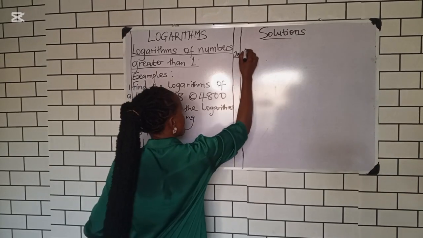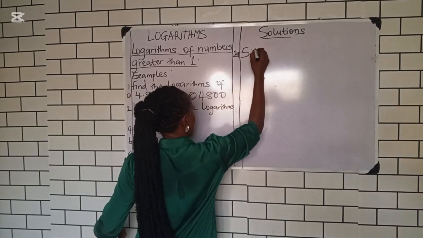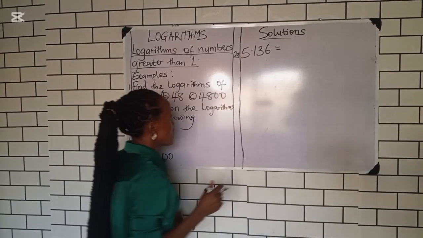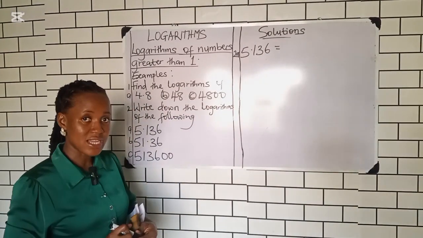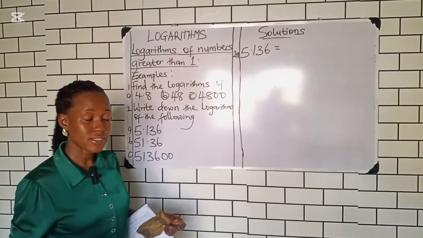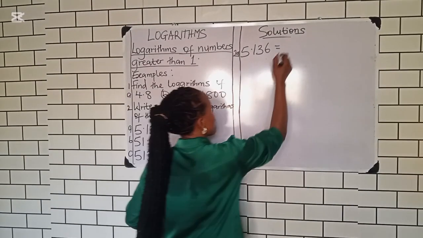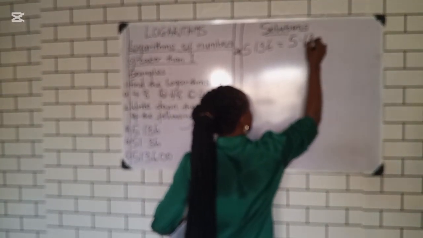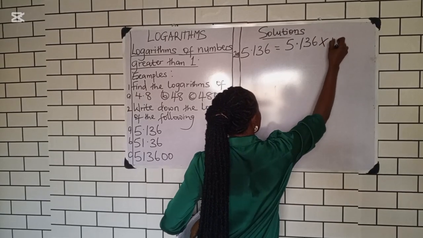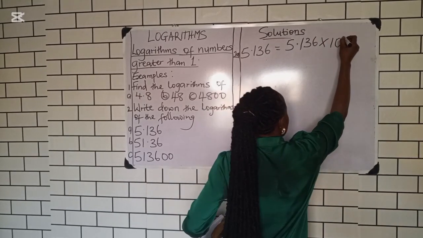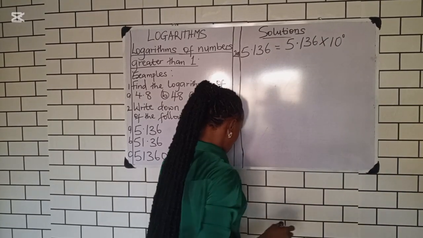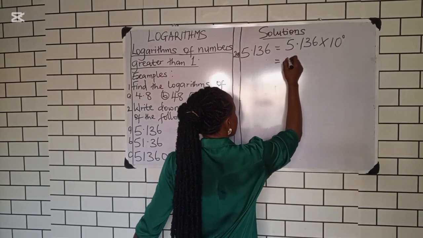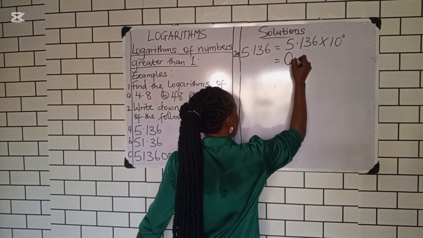We have 5.136 is equals to. Now, as usual, writing in standard form so that we can get our characteristic part. We have 5.136 times 10 raised to power 0, because we did not move our decimal point at all. Now, the power of 0 here is our characteristic part. You write your 0 point.